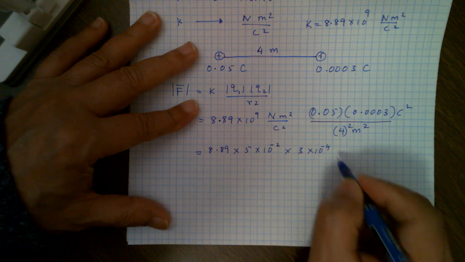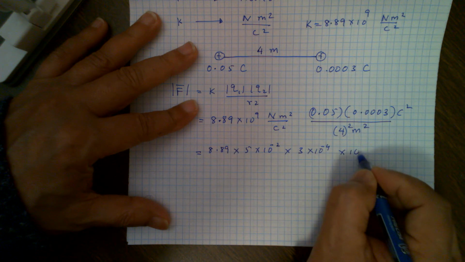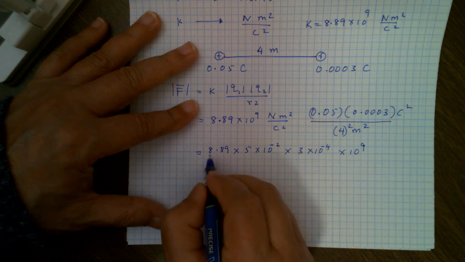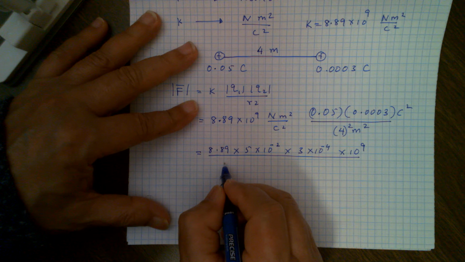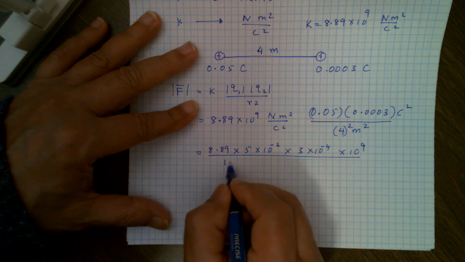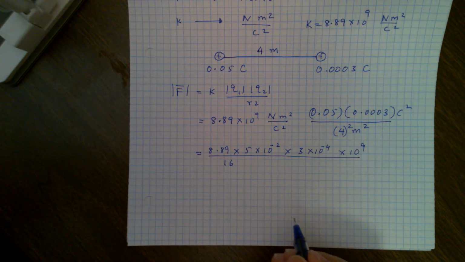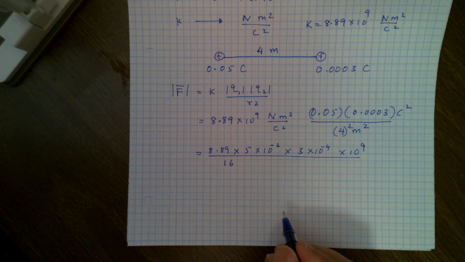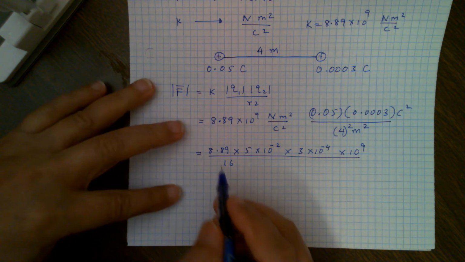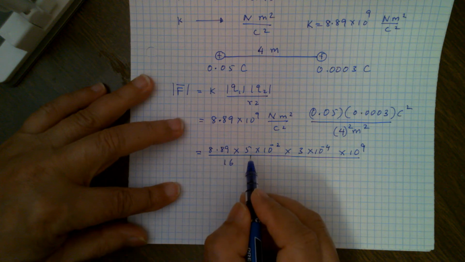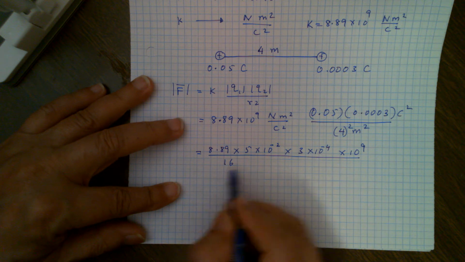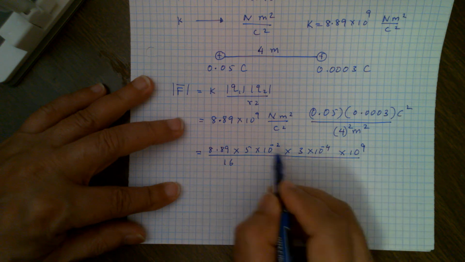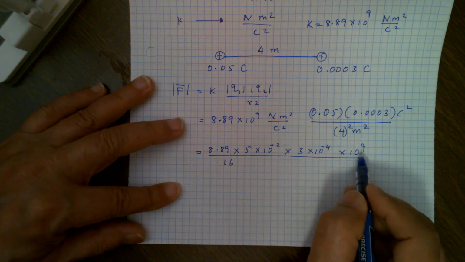Don't forget this 10 to the power 9, and divided by 4 squared, which is 16. If I do it that way, I can plug 8.89, 5, and 3 divided by 16 into the calculator, and I don't have to worry about the powers of 10 because I can just add them up.